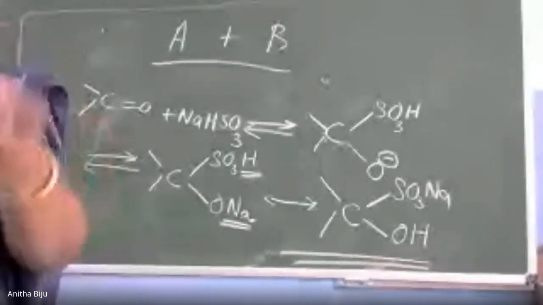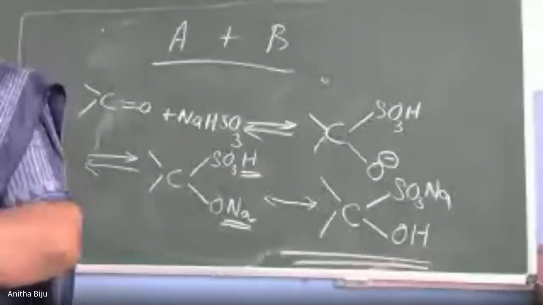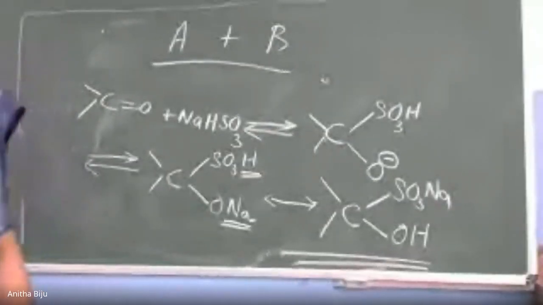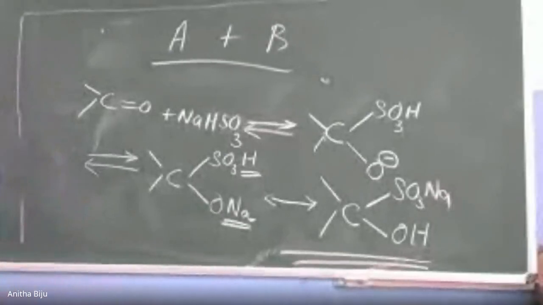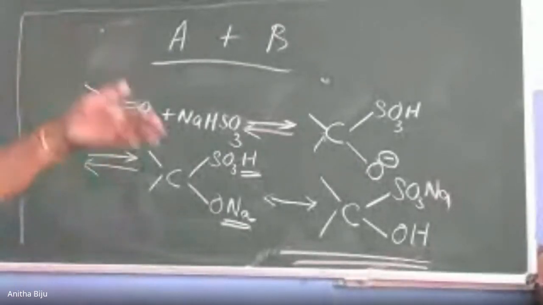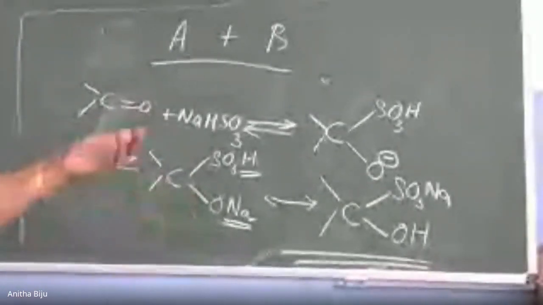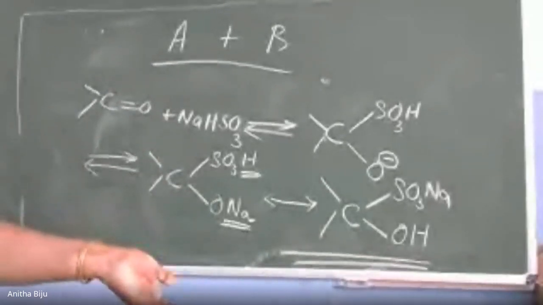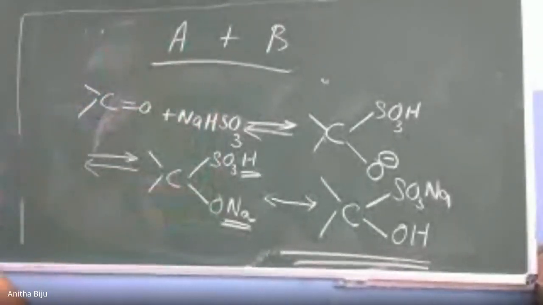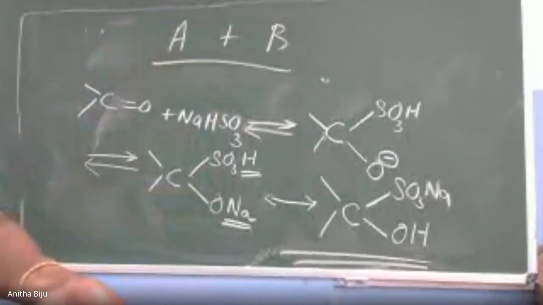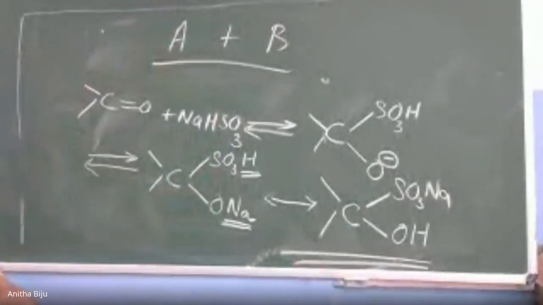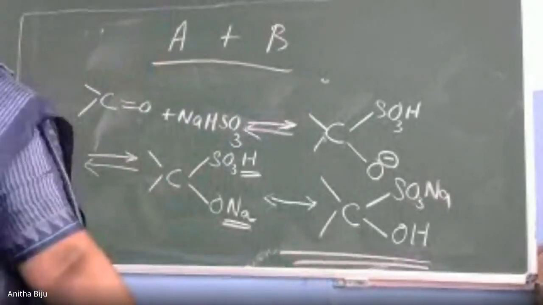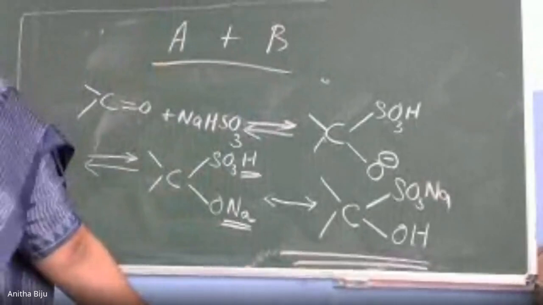And when we treat it with acid or base, we get the aldehyde back. So in this way, we can separate A and B. Suppose A is an aldehyde and B is not an aldehyde. A can be separated in the form of the addition product, which when we treat with acid or base, we get the aldehyde back. This is the utility of the reaction, and this is important for your learning.